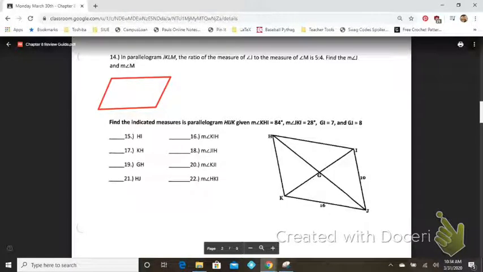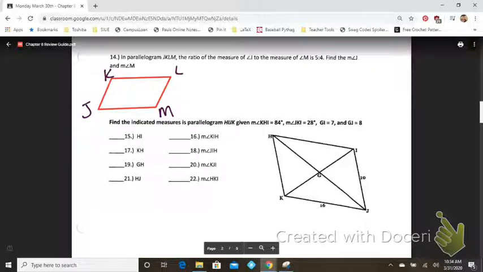This one is JKLM. We are told that the ratio of the measure of angle J to angle M is 5 to 4. Find the measure of angle J and angle M.